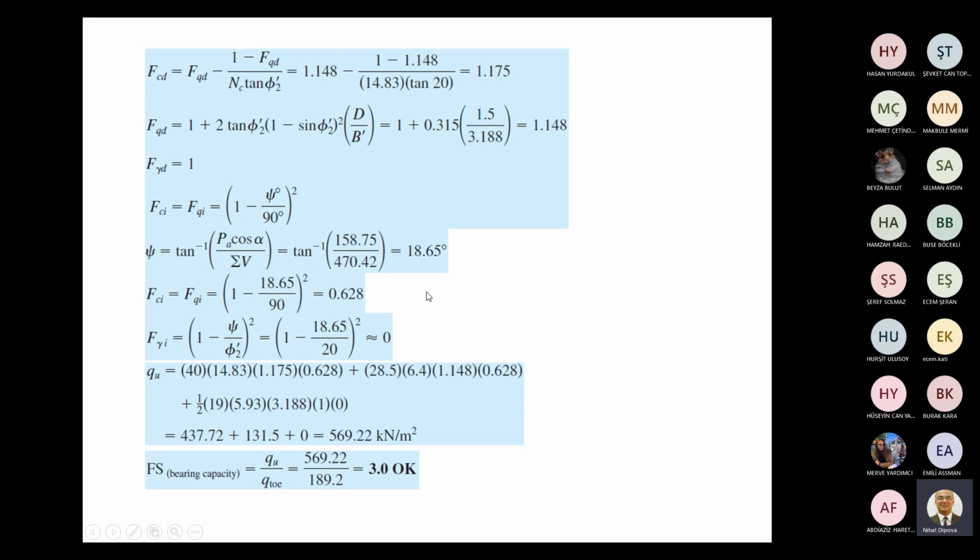Then finally putting all these coefficients and soil parameters, ultimate bearing capacity is 569.22. What is the bearing capacity factor? This is the ratio between ultimate bearing capacity and maximum stress under the base. It's 3 and it's acceptable.